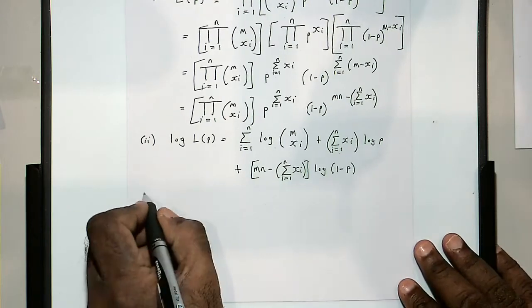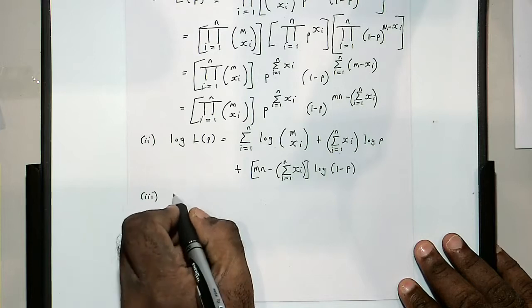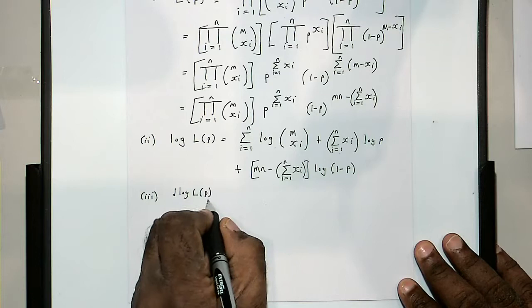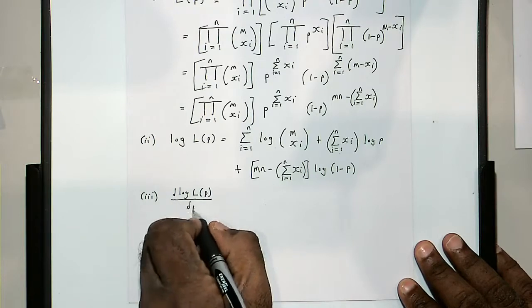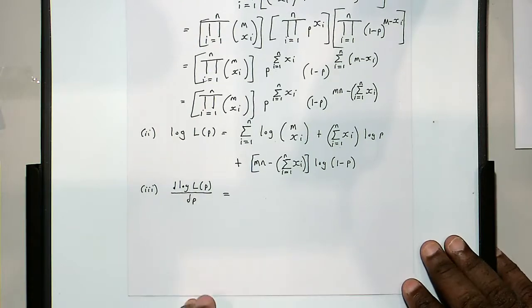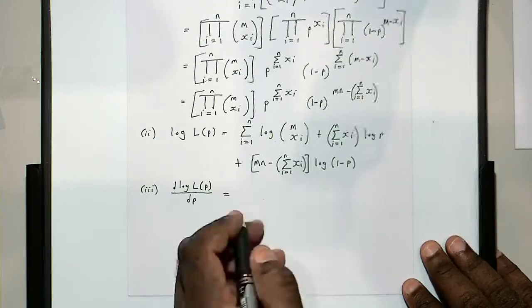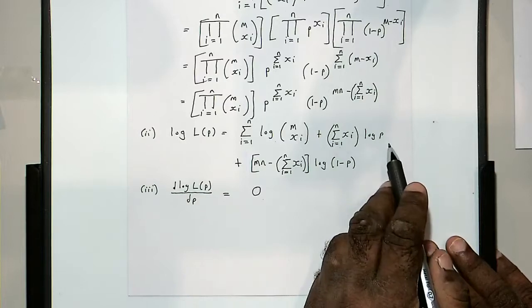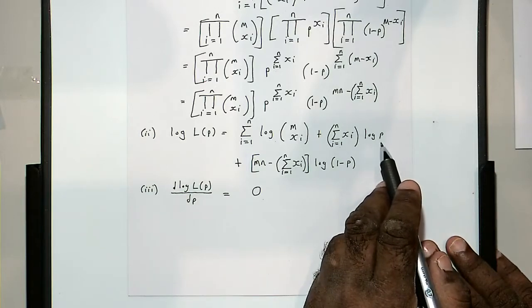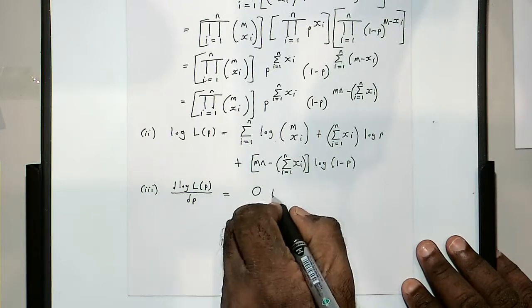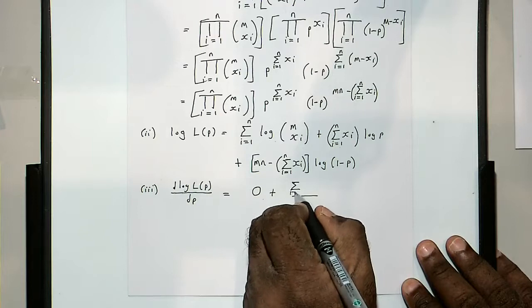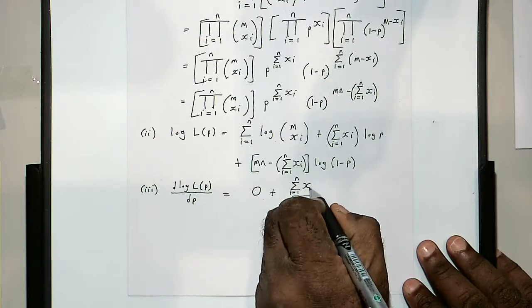All right, the third step is to take the derivative. Some of you look perplexed. Are you guys okay so far? The third step is to take the derivative with respect to p. There's no p in the first term, so its derivative is 0. There is a p in the second term, which is log of p, and the derivative of log of p is 1 over p. So it's going to be this.